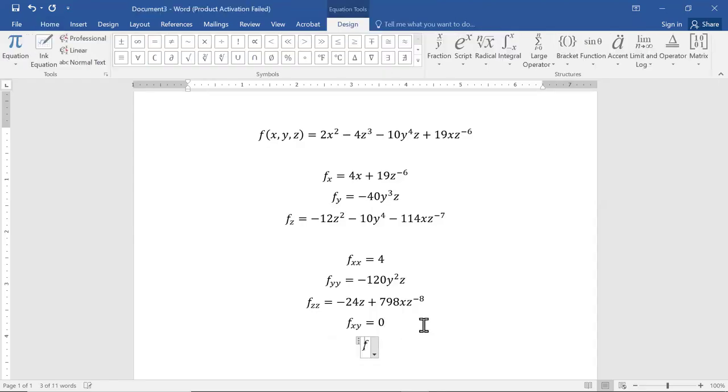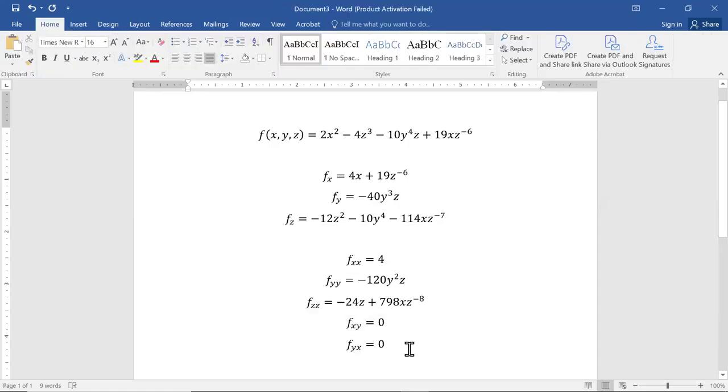I could have taken a derivative of y, then x. So take a derivative of y, I get f sub y. And then derivative of that with respect to x. Notice there's no x, so that's 0 as well. And once again, you see these mixed partials are equal. That's not a coincidence.